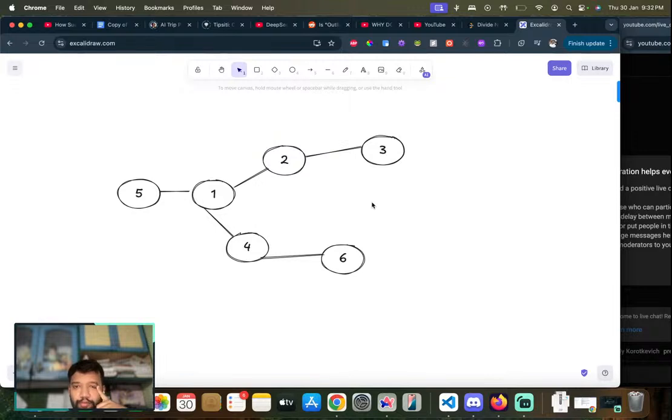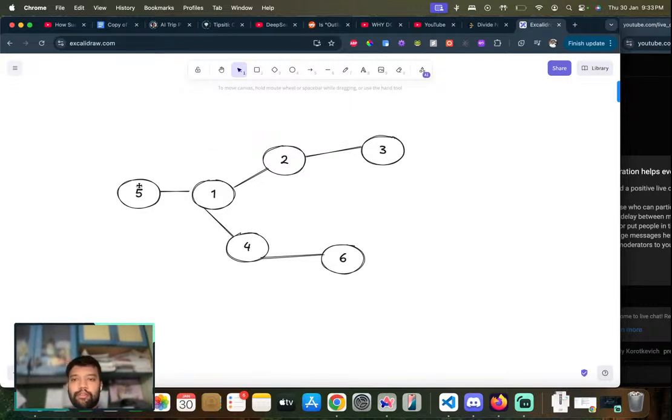Five groups, five groups. Group number one, two, group number two, one, three, four.